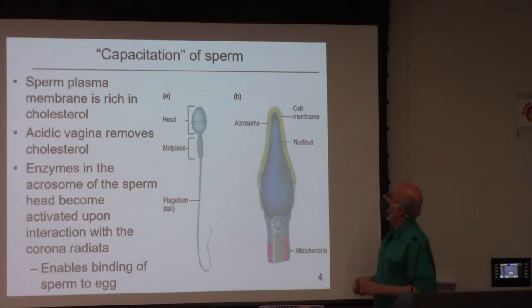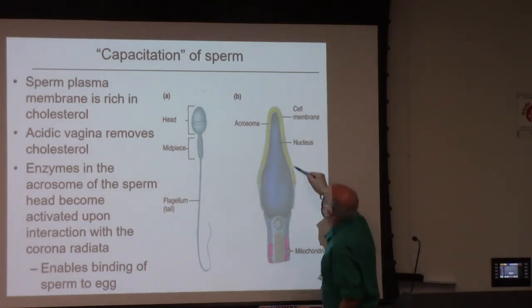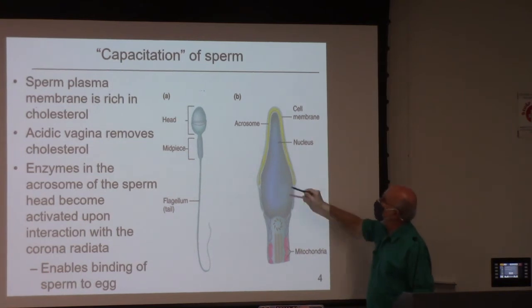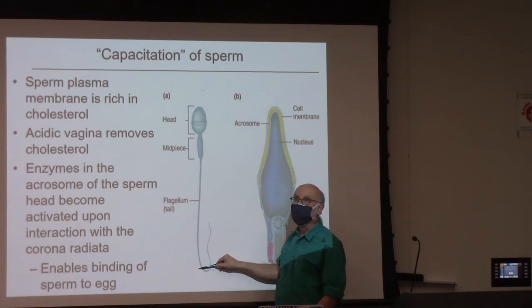Now let's talk about what the acidic environment does that is positive for this whole story. The surface membrane of the sperm, so this is the head of the sperm, there's a motor and the tail.